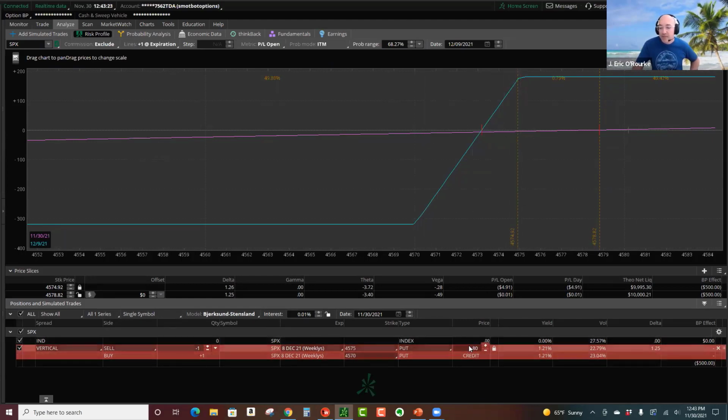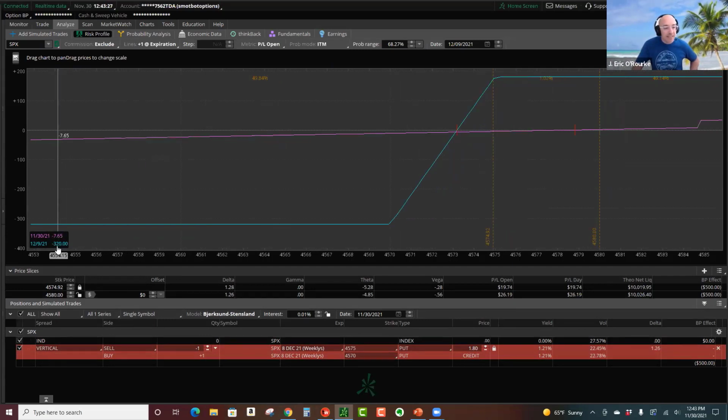So if I'm collecting $180, my max loss, you can see this is the max loss, is $320. So in this case, I would be risking $320 to try to make $180, or at least try to collect and be able to keep some of the $180. So that's the risk reward. That's an at the money option, or just barely out of the money.